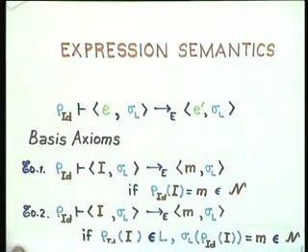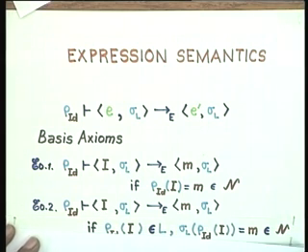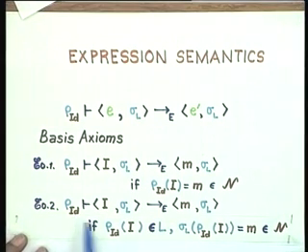On the other hand, if the environment associates a location with it, then the meaning of this expression is that firstly the environment has to give the identifier a location binding, and if it does, then it is possible to look at the value inside that location and take that value.